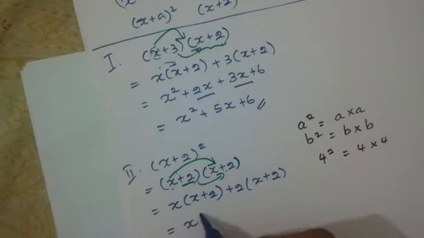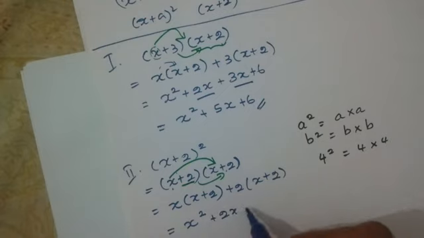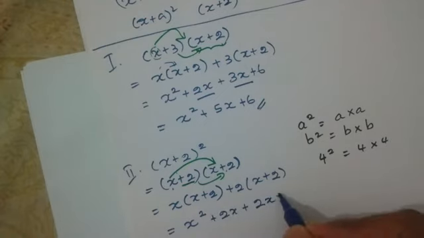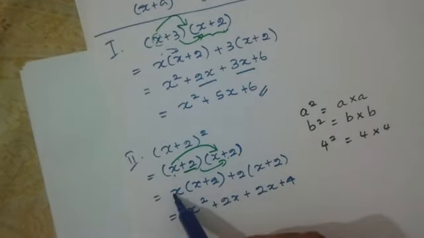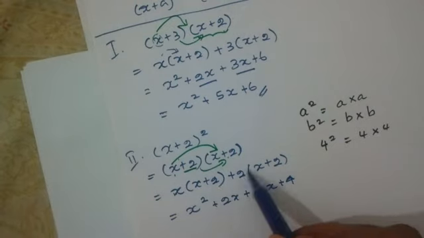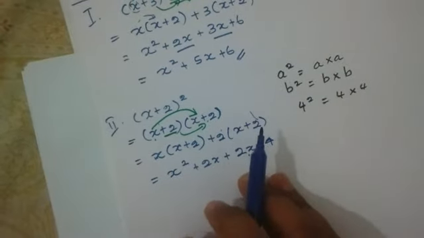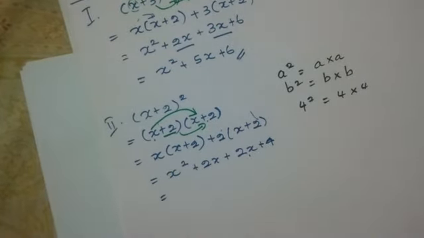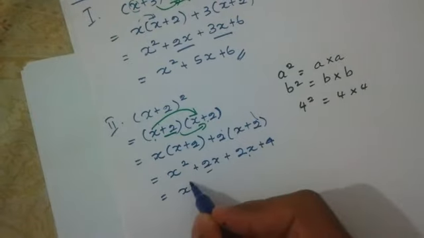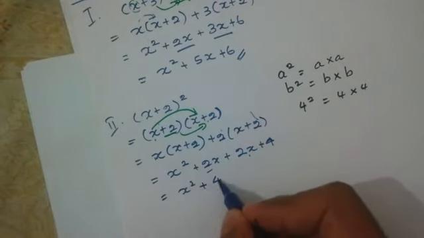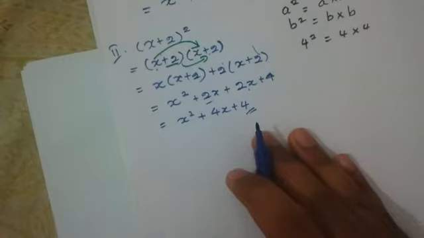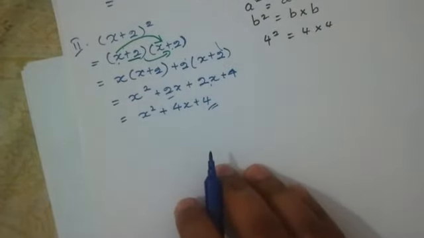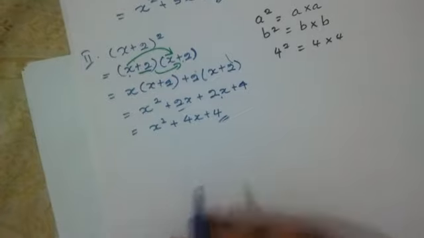That's x squared plus 2x plus 2x plus 4. x times x is x squared, 2 times x is 2x, 2 times x again is 2x, 2 times 2 is 4. These are like terms, so you can add them. So x squared plus 4x plus 4. Simple, right? So let's go to example number 3.